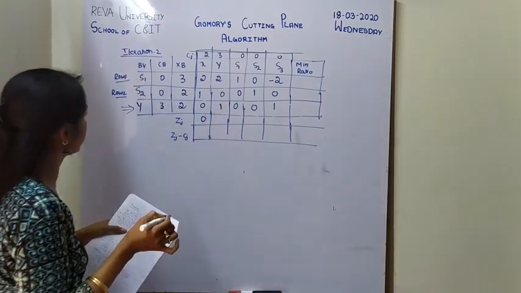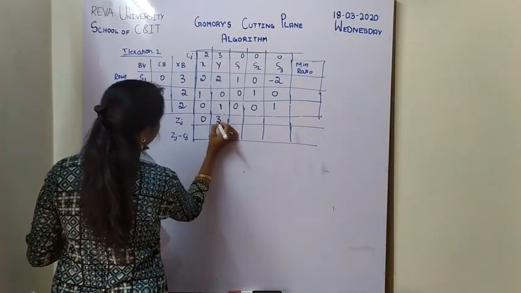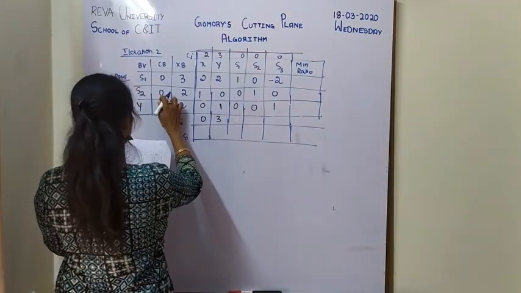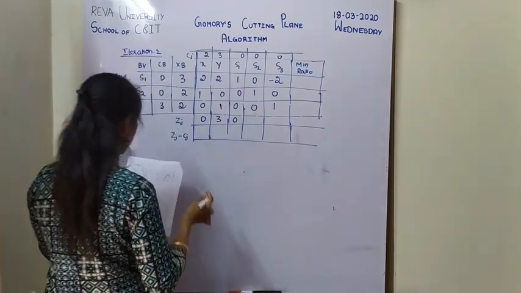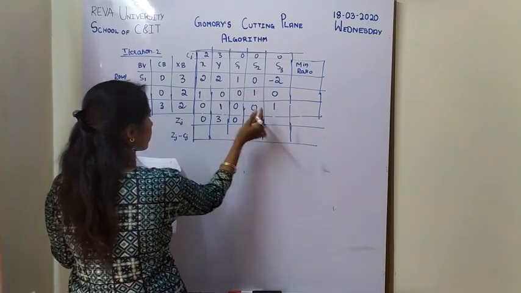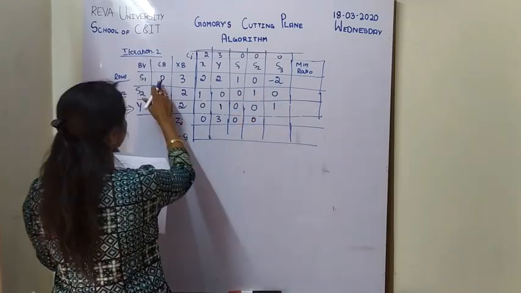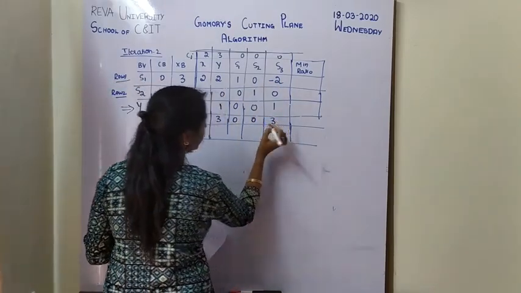So 0, 0, 1, we will get 3. 0 into 1, 0 into 0, 3 into 0, we will get 0. 0 into 0, 0 into 1, 3 into 0, we will get 0 here. 0 into minus 2, 0 into 0, 3 into 1, we will get 3.